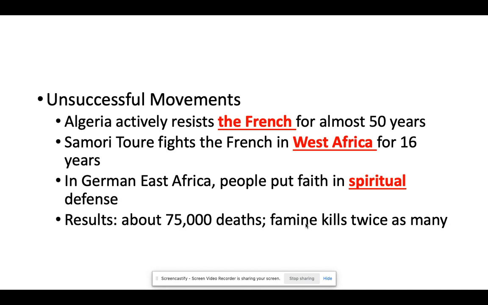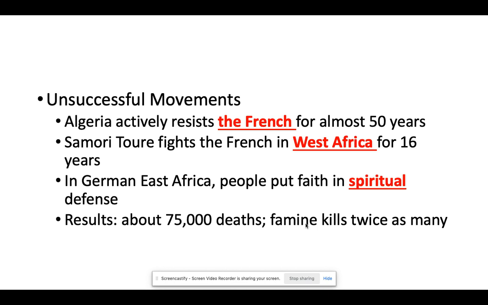And they believed they had spiritual magic water that they could sprinkle on themselves, and it would create a shield to protect them. Unfortunately, what they discovered was that water did not provide a shield to protect them from those machine guns or any kind of gun used against them. The result: about 75,000 died during these unsuccessful movements.